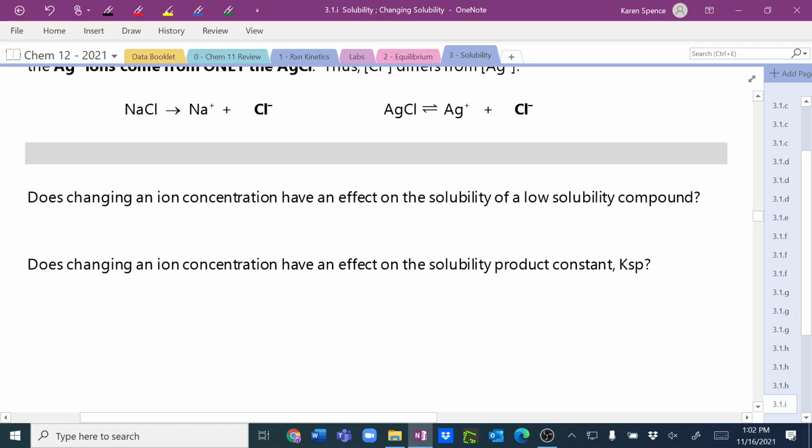Does changing an ion concentration have an effect on the solubility of a compound? If I change ion concentration, do I affect the solubility? Yes. Haven't we just been doing a whole ton of questions where that happened? So yes, just like all the questions.